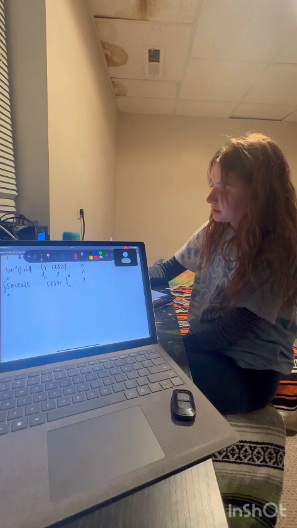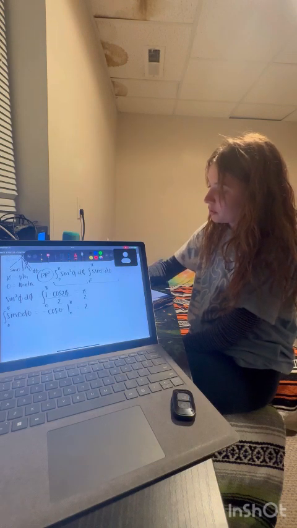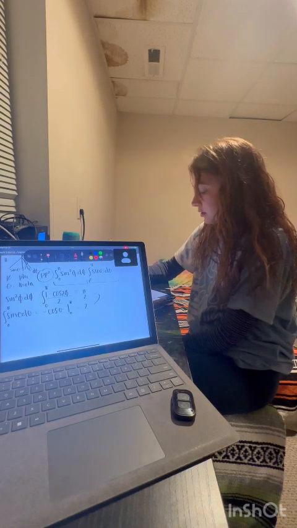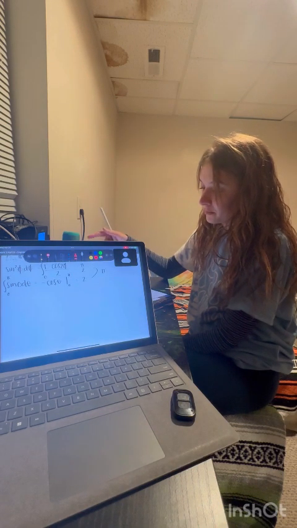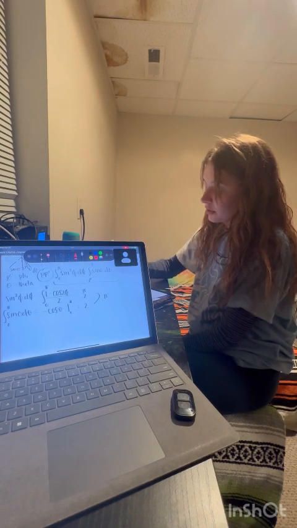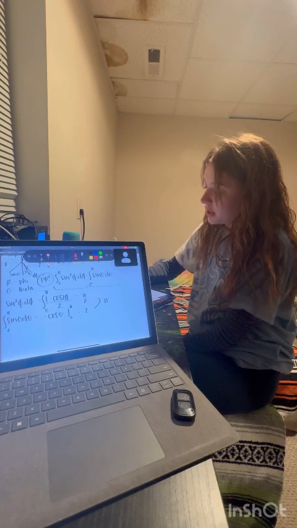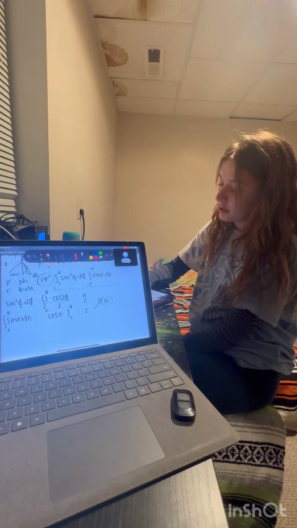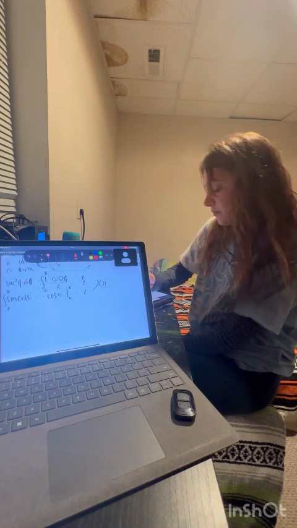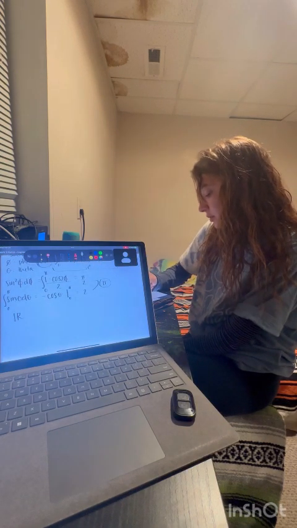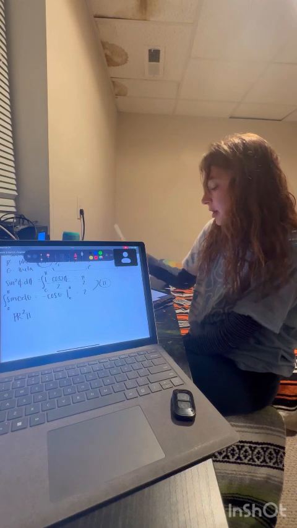And then those multiply, so you end up with pi. So your pi gets multiplied by your P R squared. So we are left with P R squared pi.